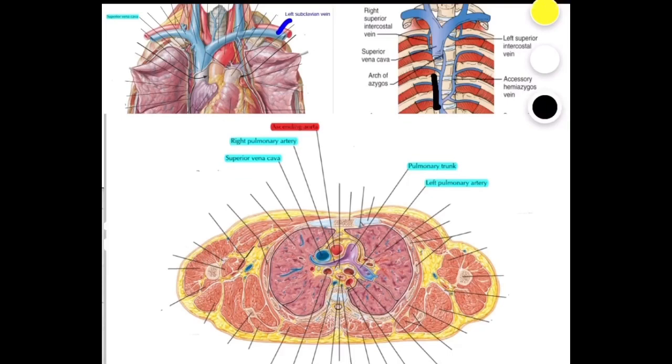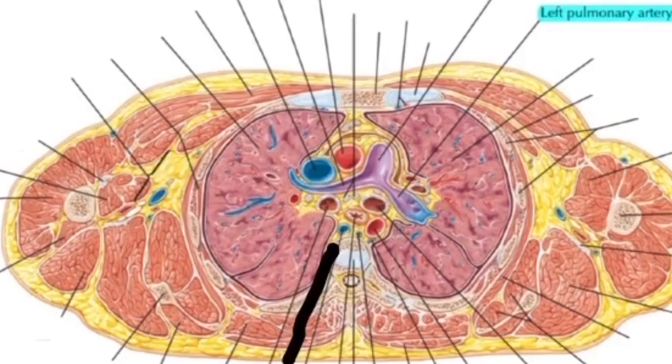We saw in the above section that it was draining into the superior vena cava, and the section below is somewhat here. So in this section we see it as a single vessel circular cut section.